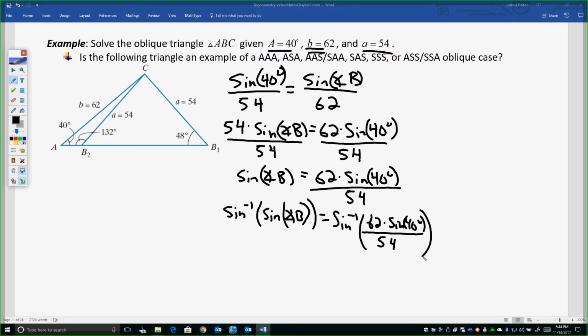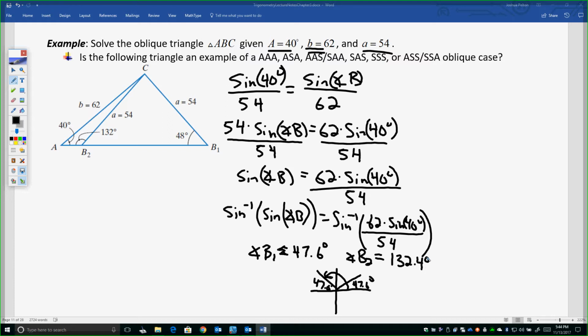Okay, so this will give us our B1, which is approximately 47.6 degrees. But again, if you do the unit circle here, that's 47.6 there, and that's 47.6 there. So we have an angle B2, which is the one that goes to here. So you take your 180 minus the 47.6, and you'll get 132.4 degrees.